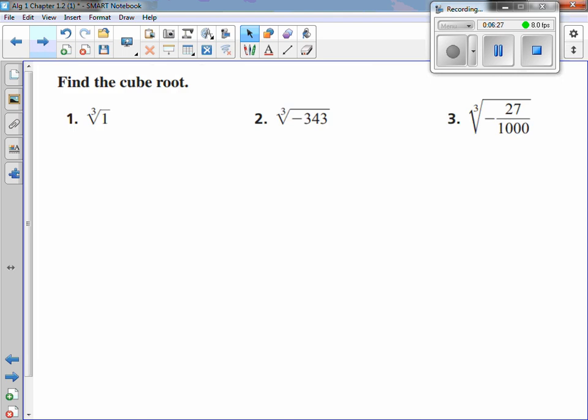With this one here, without plugging it in, what is the cubed root of 1? What is the cubed root of 1? Because 1 times itself, no matter how many times, is always 1. I think y'all have got these down, yes?